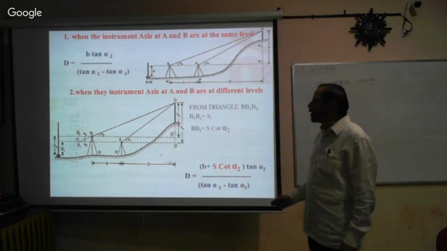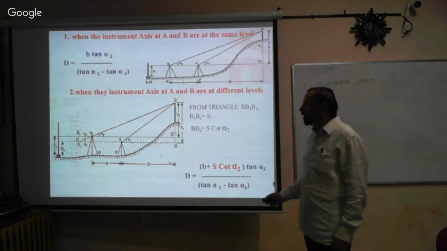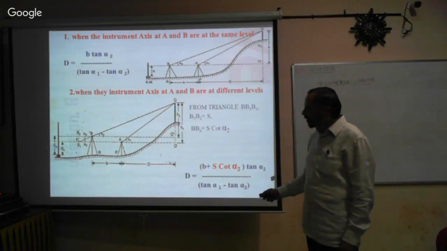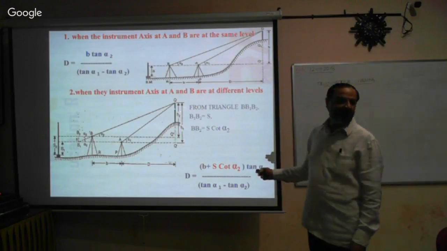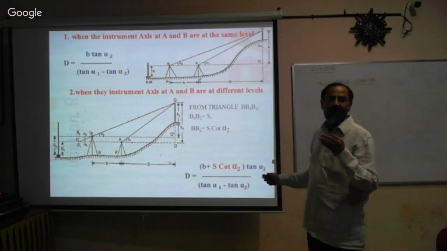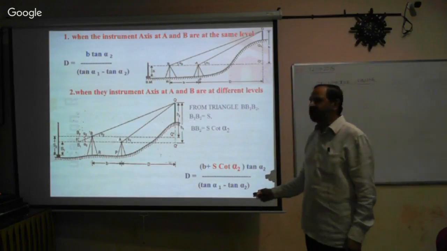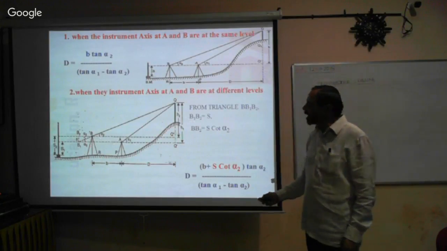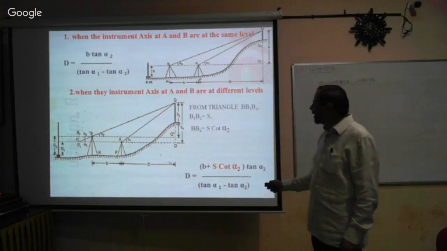After calculating this, the elevation of this object Q is benchmark plus staff reading S1 plus H1. H1 is the height of the object above the instrument axis 1, isn't it? Then similarly, benchmark plus S2 plus H2.